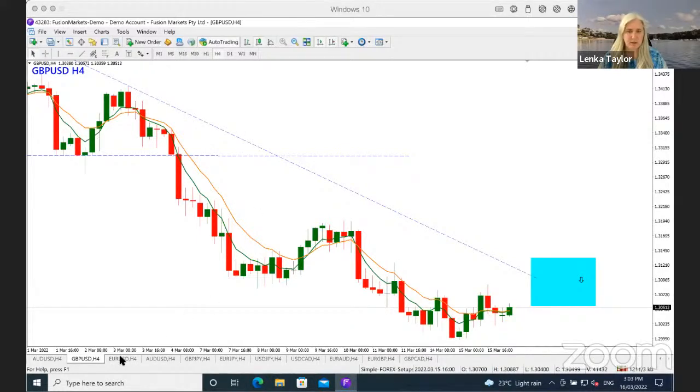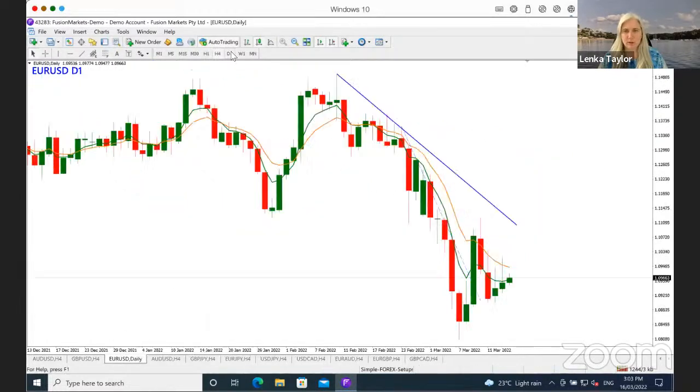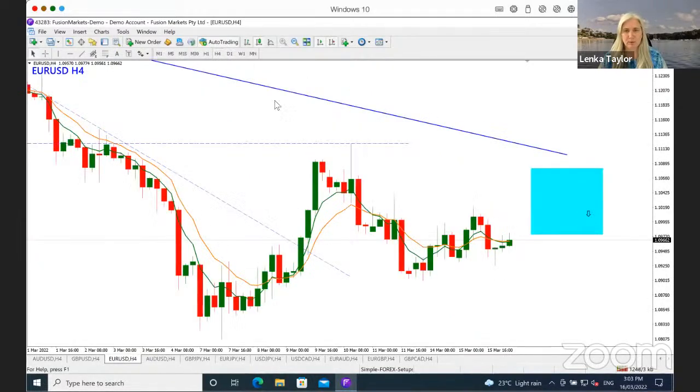Next currency pair I'm looking at is EUR USD. The trend is still downwards, so I'm looking at a short. Again, here I would like to see price action go a little bit higher first, possibly coming to this level here, otherwise maybe to that level there, and then looking for a reversal at that point.